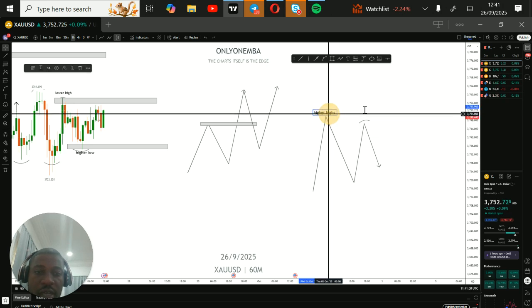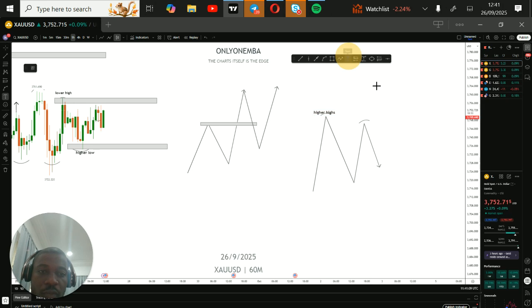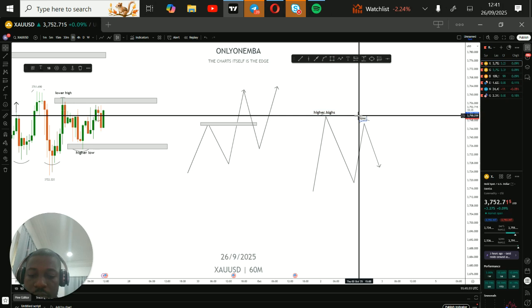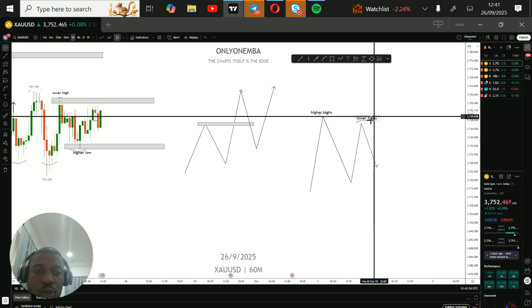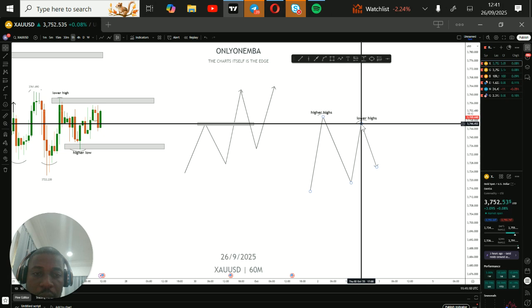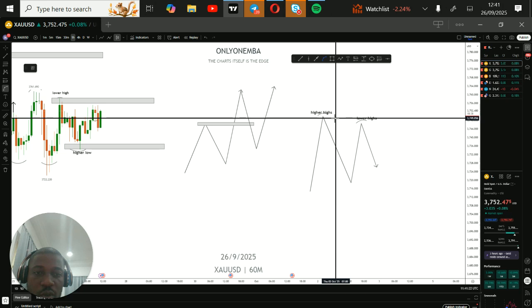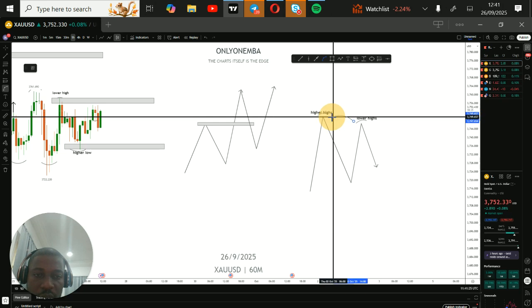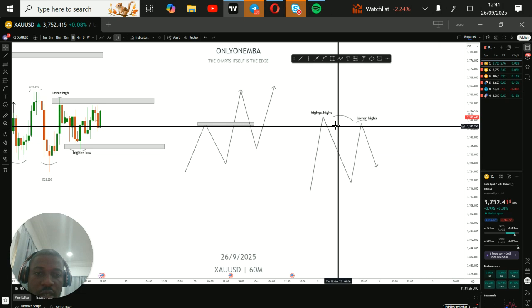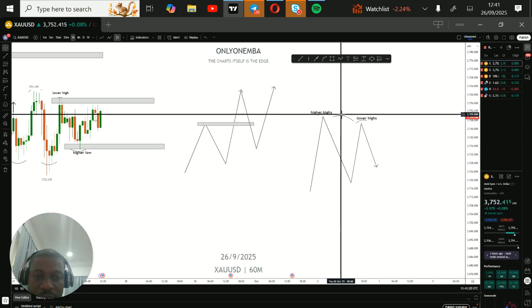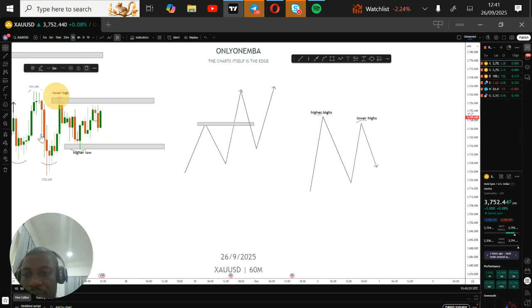This is a higher high and then a lower high. You can see it is lower than these highs.